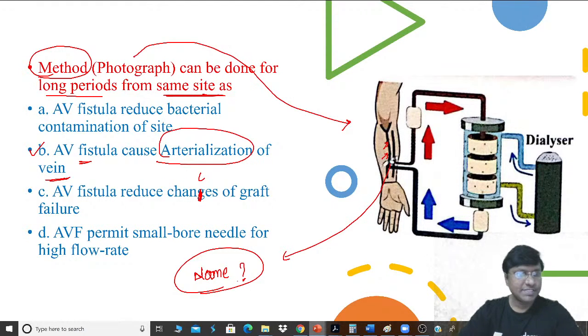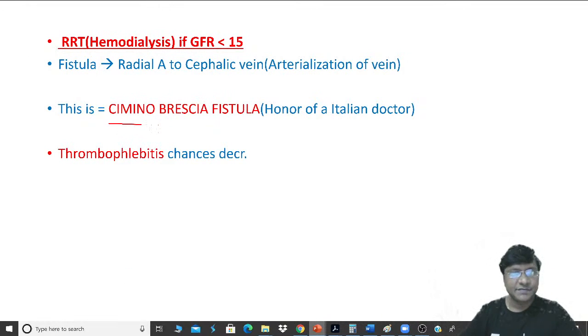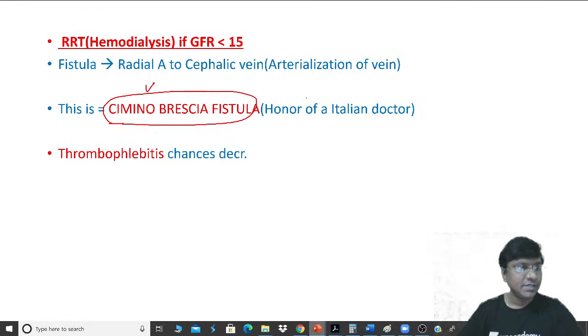Yes, what is the name of this fistula? Very good, Sandeep Gade. The name of the fistula is Seminobraccia fistula, because it is in honor of the Italian doctor.